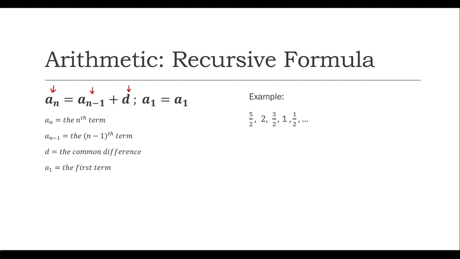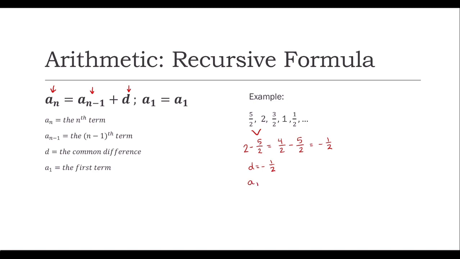We have 5/2, 2, 3/2, 1, 1/2. So we can find our common difference by taking our second term and subtracting our first one. So that's 4 over 2 minus 5 over 2, which is negative 1/2. So that's our common difference. So d equals negative 1 over 2. And we need to know our first term.